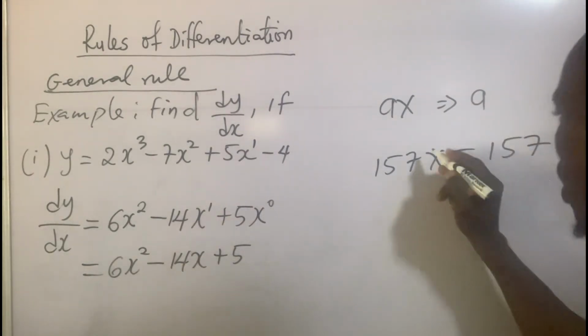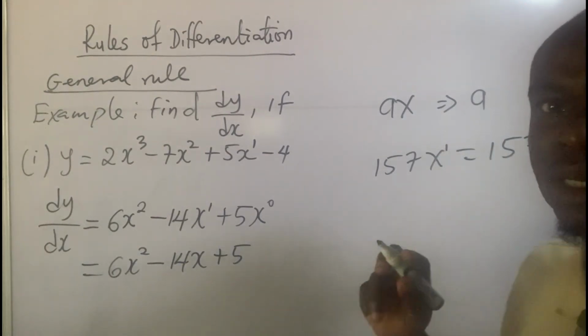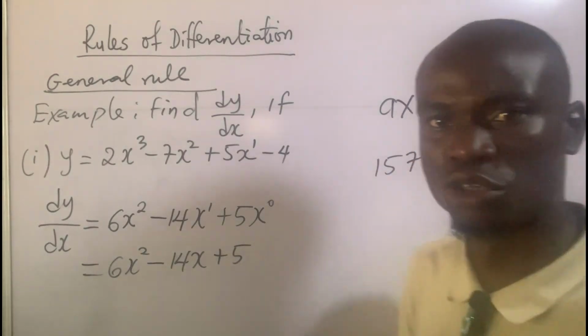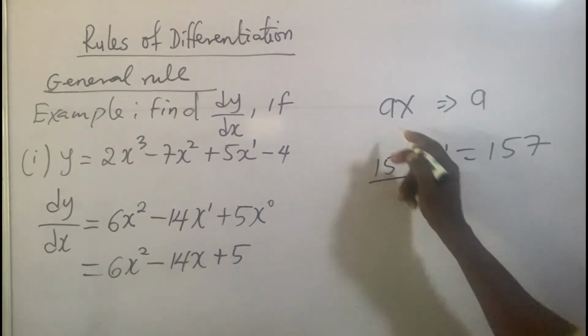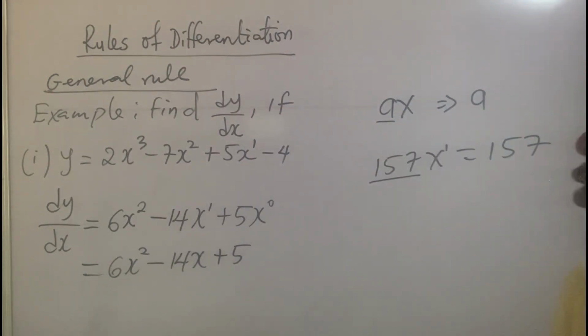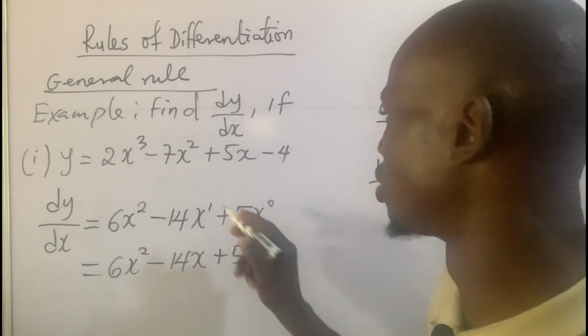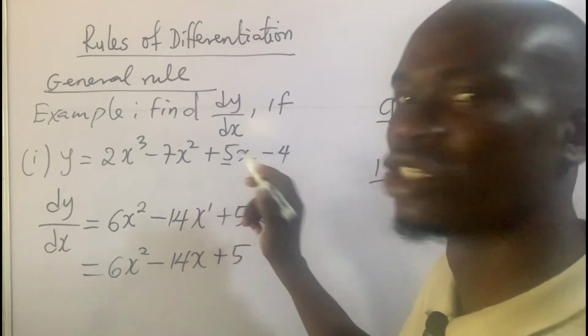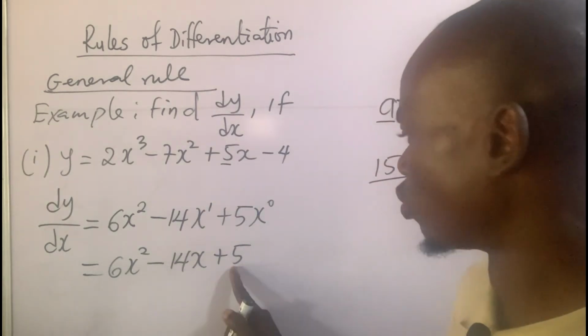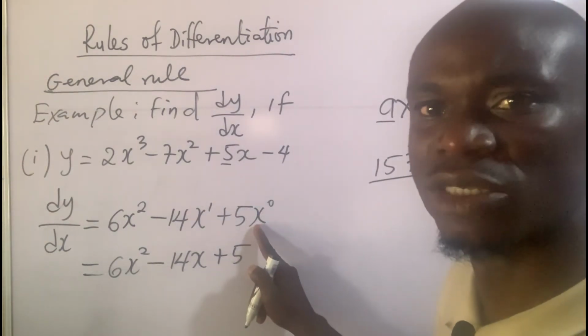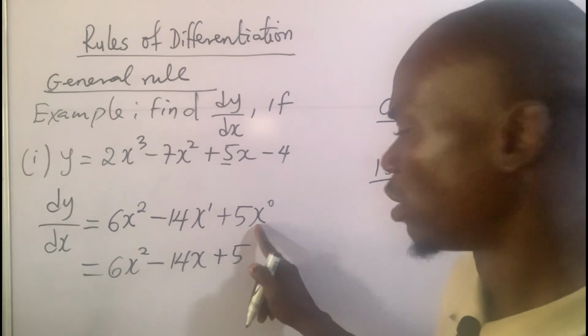So anytime the power of the polynomial is 1, when you differentiate it, it gives you the constant. So that's what has happened here. 5x, since x is power 1, usually not written, that means if I differentiate it, I get 5. So with that, I'll be able to escape this extra step. All together? So that is it.